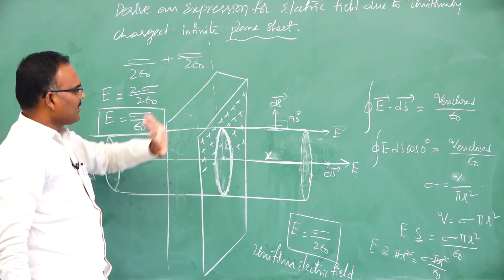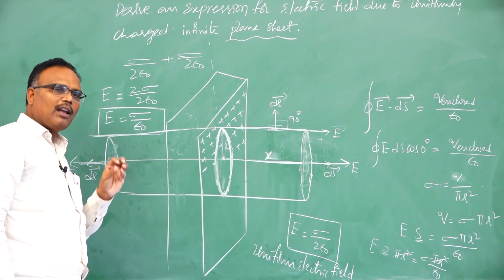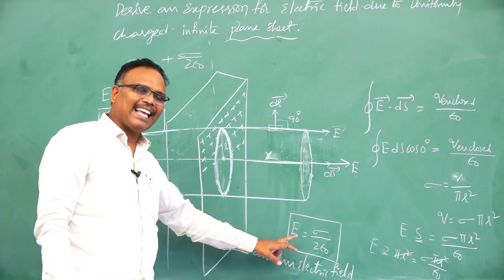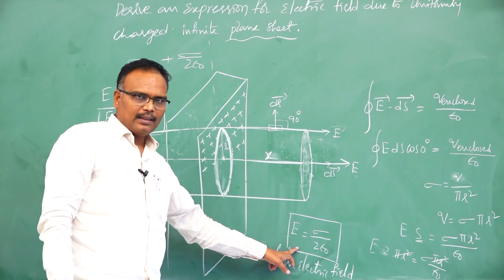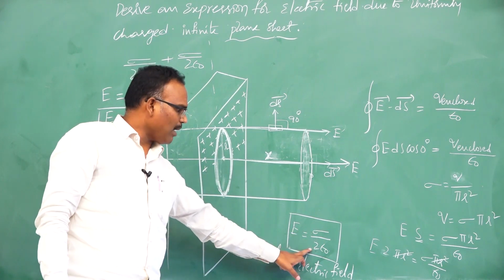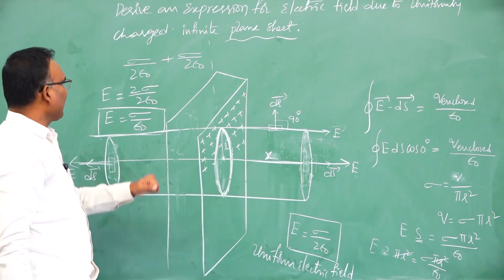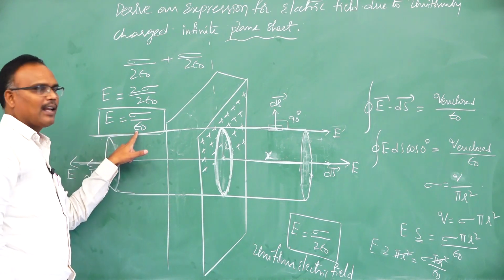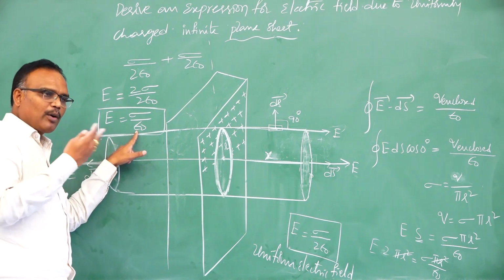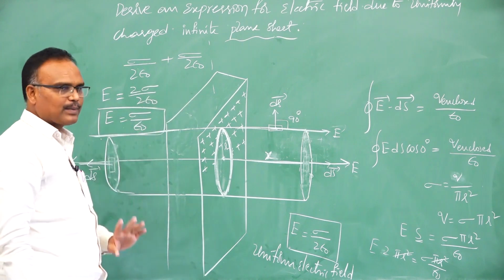See, for a sheet, is it sigma by epsilon naught or sigma by 2 epsilon naught? Everyone will have this basic confusion. In the case of thin sheets, like a gold foil, it is sigma by 2 epsilon naught. For a thick sheet, like a duster, it is sigma by epsilon naught. Why? Because two surfaces are there, and both will produce electric field. If you add those two, you will get sigma by epsilon naught.